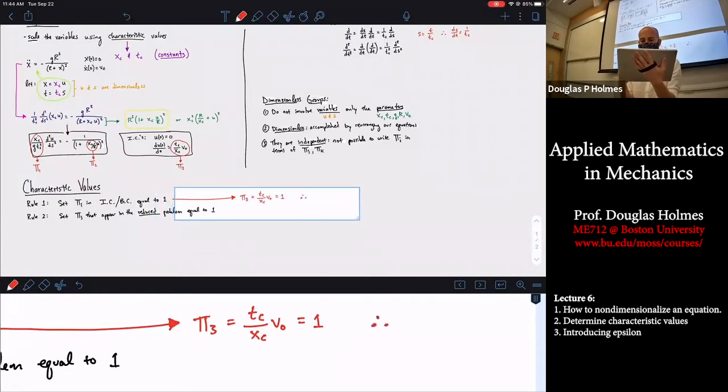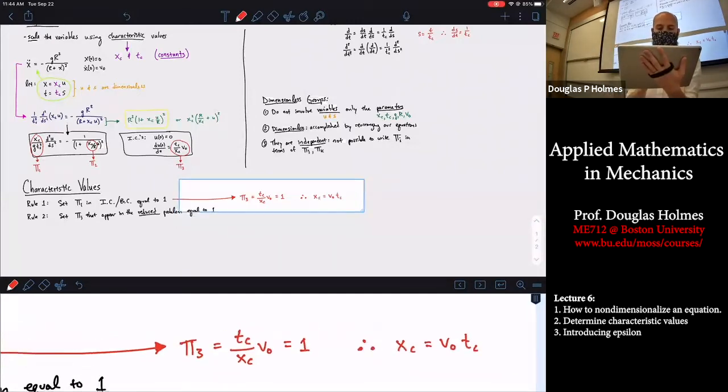We don't have enough equations, so I'm just going to pick XC because it's simpler. XC, therefore, is equal to the initial velocity times TC. Doesn't help us yet because we still don't know what TC is, but we'll come back to it.